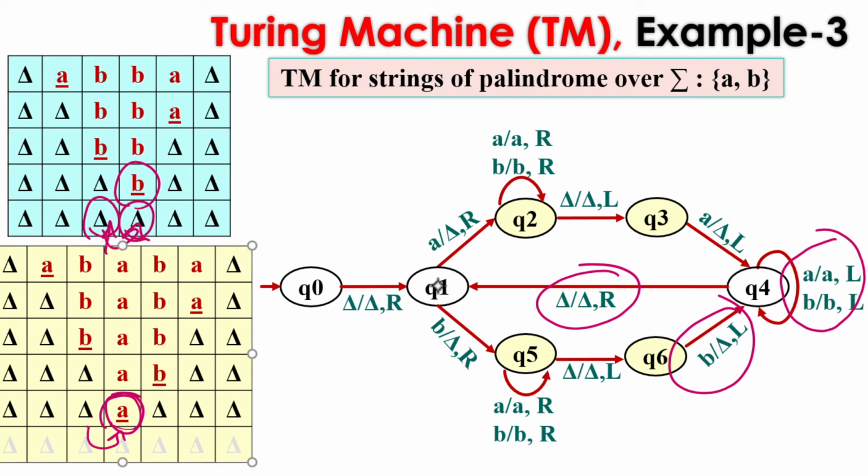But at the same point we are at state Q1. After replacing an equal number of symbols with blanks on the left and on the right, we are now pointing to state Q1, and from Q1 we discover that we have no further symbol to continue with another transition.